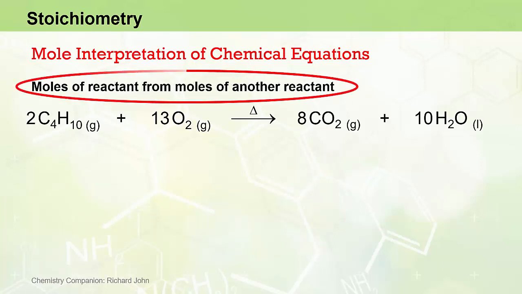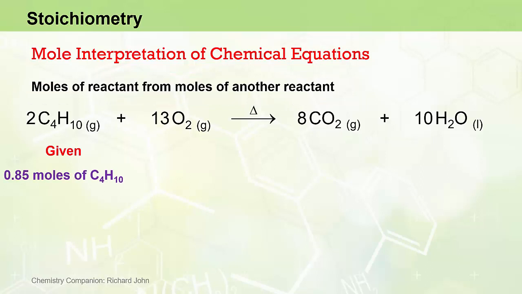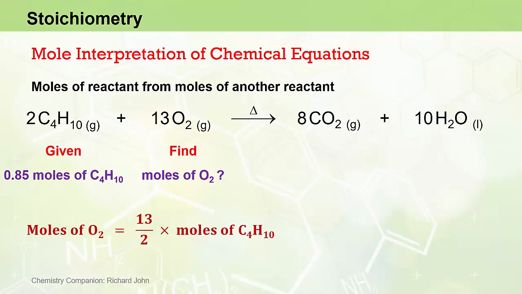We can do the same to calculate the amount of reactants required from a given amount of a second reactant. So again, if we were given 0.85 moles as the starting moles for butane, we might be asked to find how many moles of oxygen would be required to react exactly with this amount of butane. This time we would write that the moles of oxygen would be equal to 13 divided by 2 times the starting moles of butane.